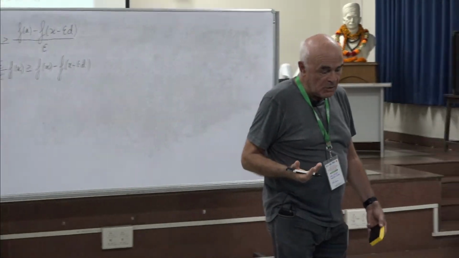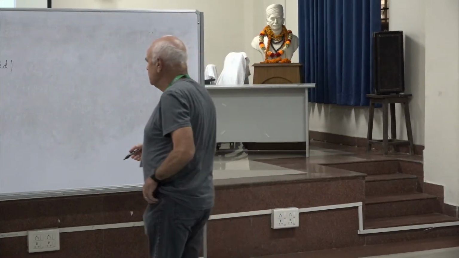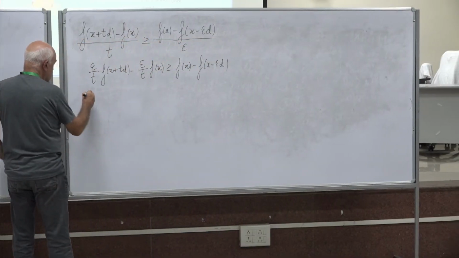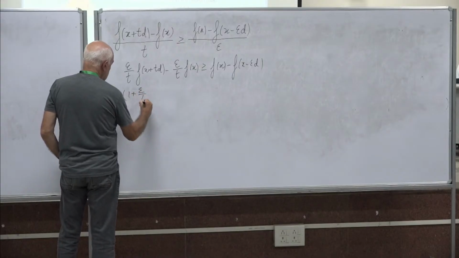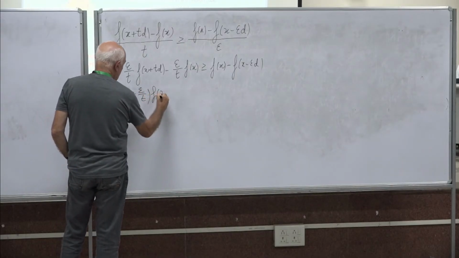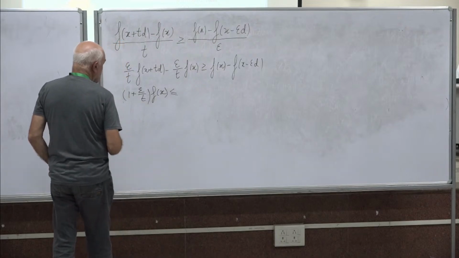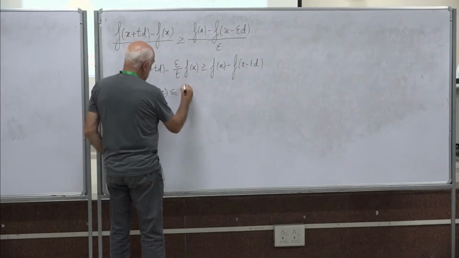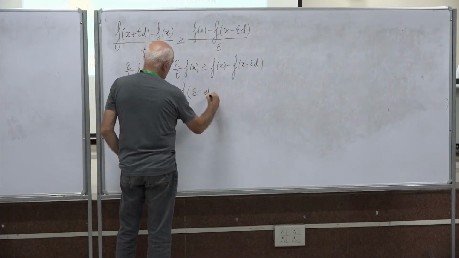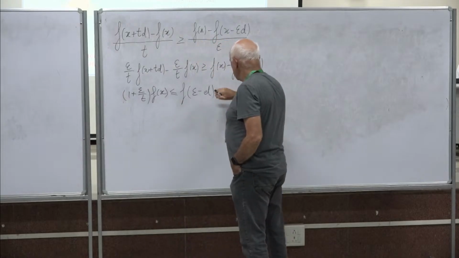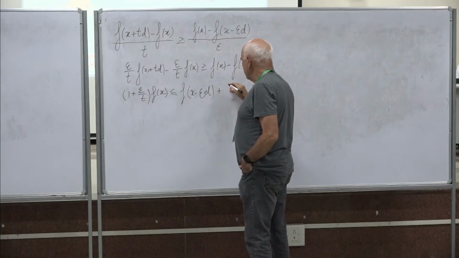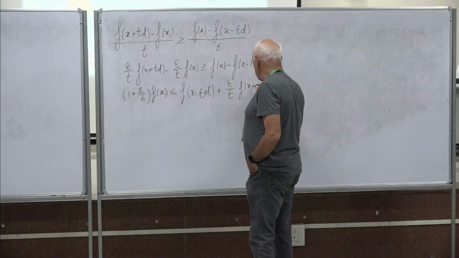This is completely useful for our purposes, because now you can write 1 plus epsilon over t times f of x less than or equal to f of x minus epsilon d plus epsilon over t f of x plus td.